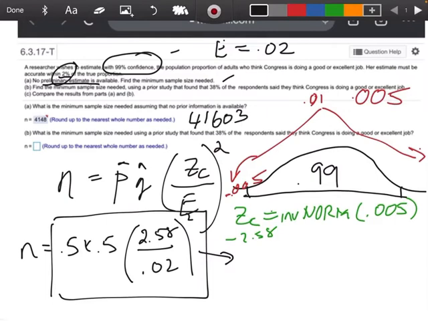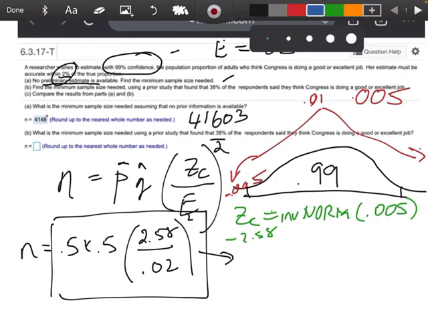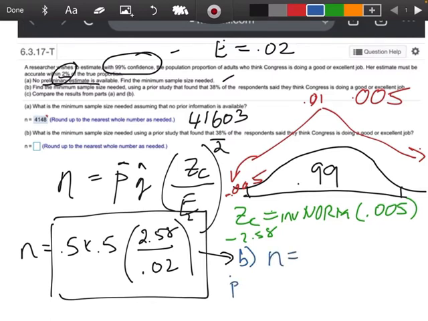Part B says, what's the minimum sample size needed if a prior study found that 38% is responsible? In part B, the only thing that's going to be different, let me do part B in blue, is that my p hat is going to be 0.38.